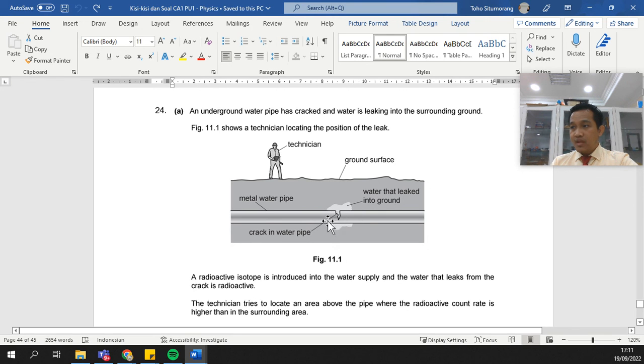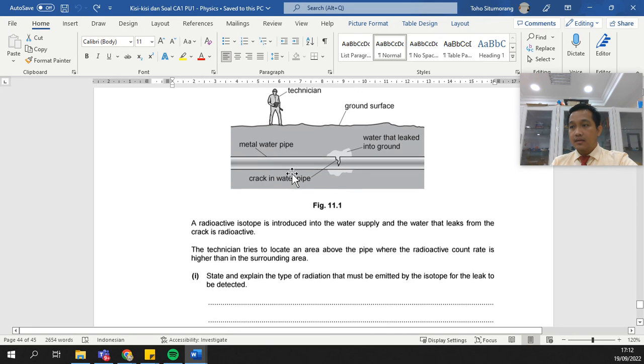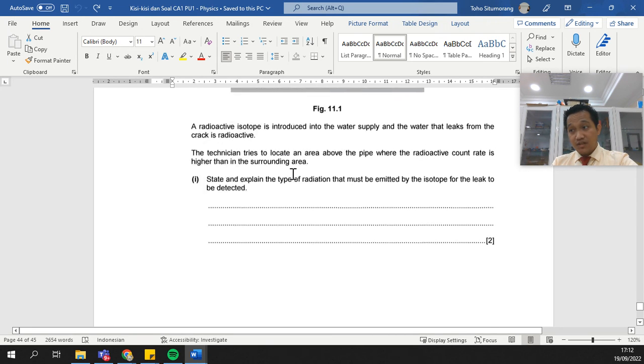Here, if you want to add some radioactive source inside here, it is better to use gamma. Remember that beta also has limitations in passing through a lot of material. So gamma is the best to penetrate the ground and be detected by the technician.